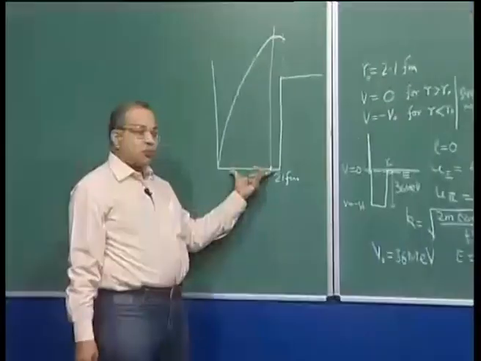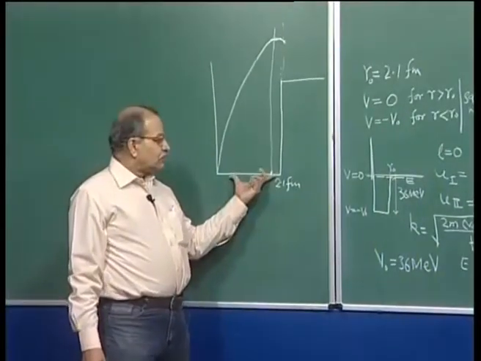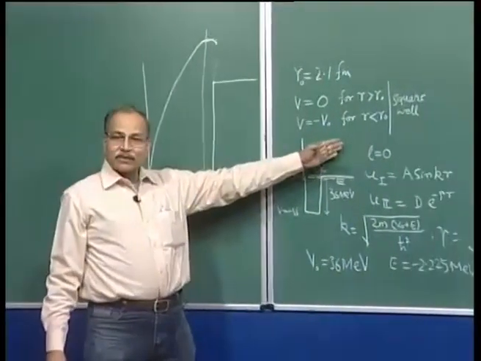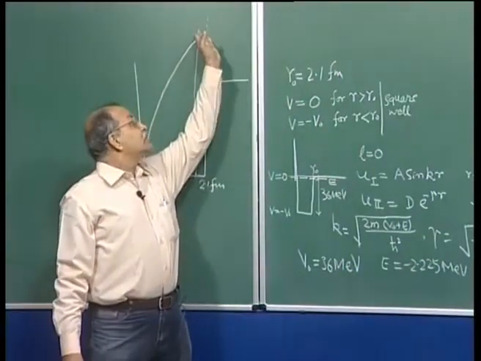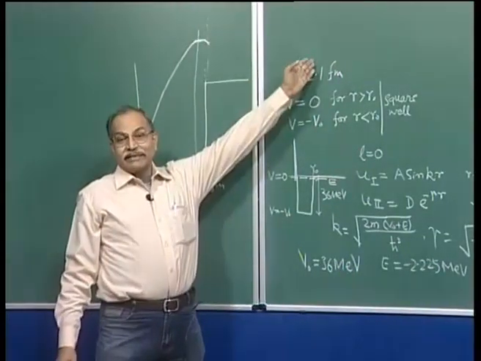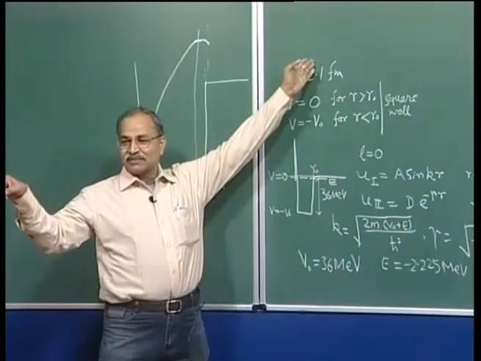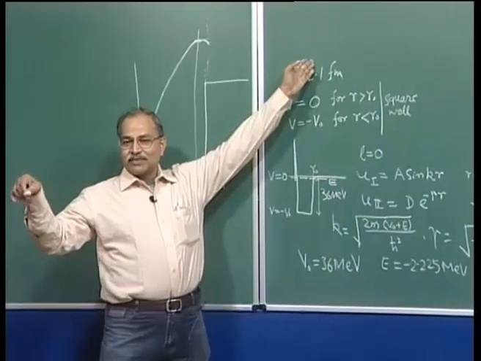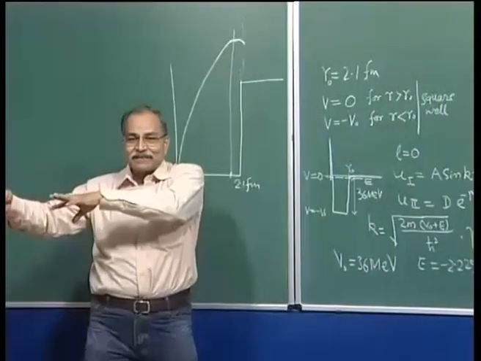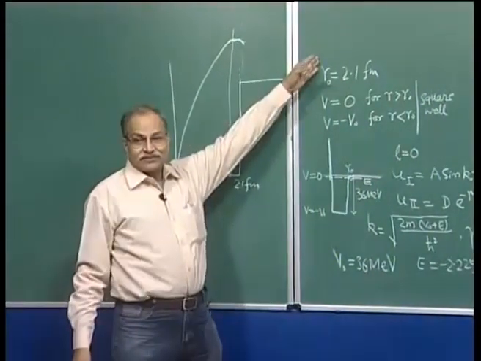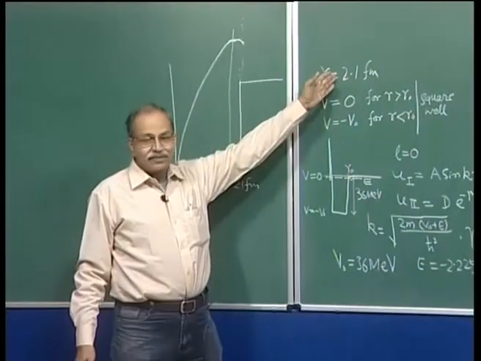If this is 2.1, 4 will be somewhere here. So by the time it reaches here, it will be reduced to 1 by e. e is 2.73 something. So it is reduced to 37% somewhere here, a slow decrease, right, a slow decrease.